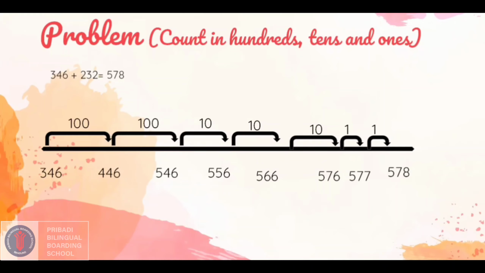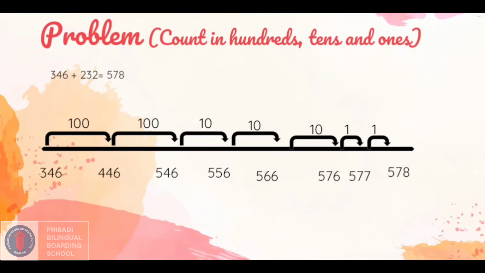For example, here I put the first number, 346, and then I add 100, and it equals 446. Then I add 100 again, and it becomes 546.